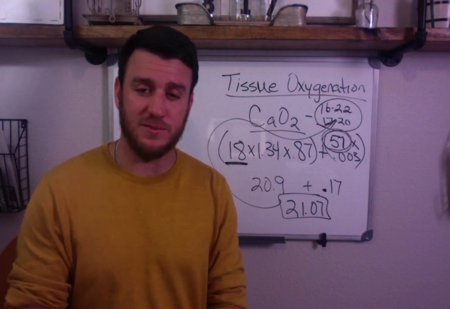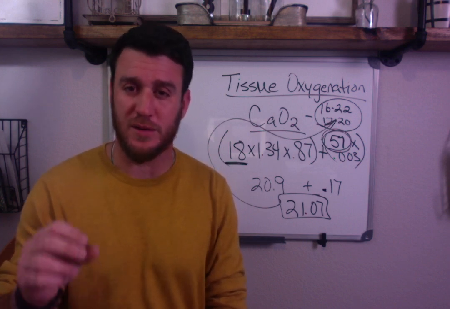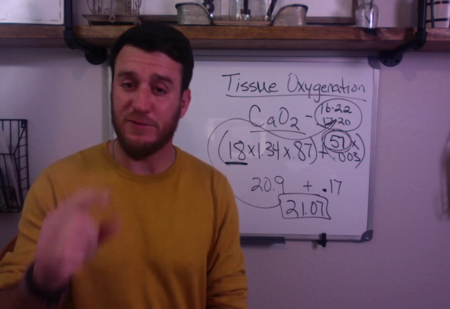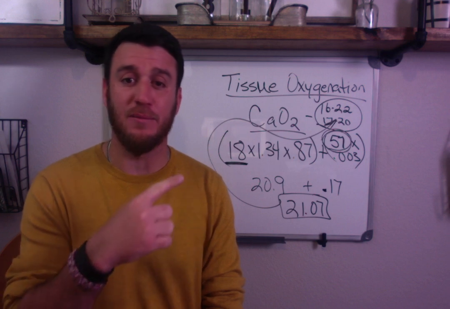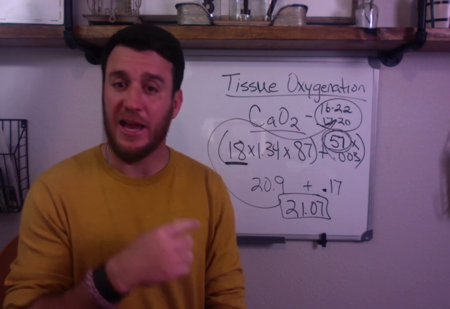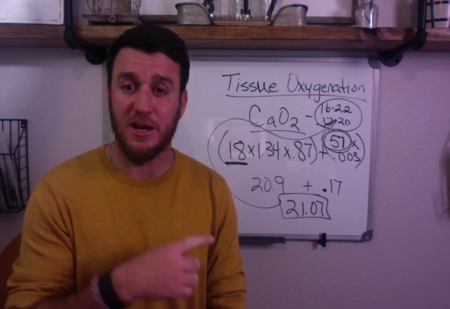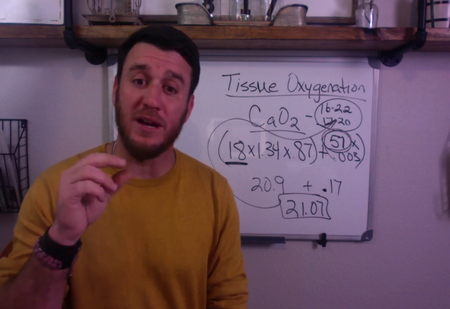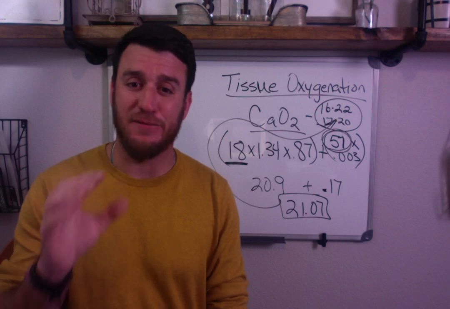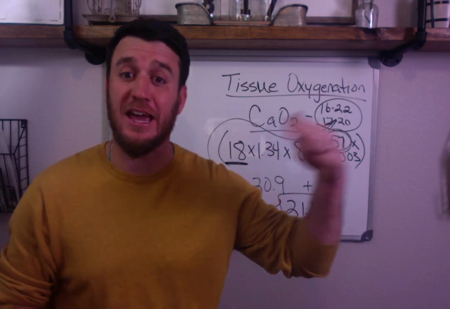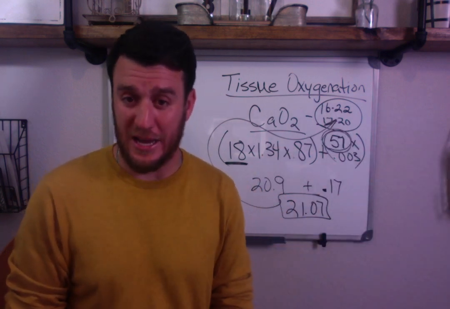All student respiratory therapists, all future respiratory therapists, all current respiratory therapists, if this is something you've forgotten, then refresh and brush up your skills and start talking to your care team about what's going on from an internal respiration perspective, and stop focusing on just the external respiration side of things.